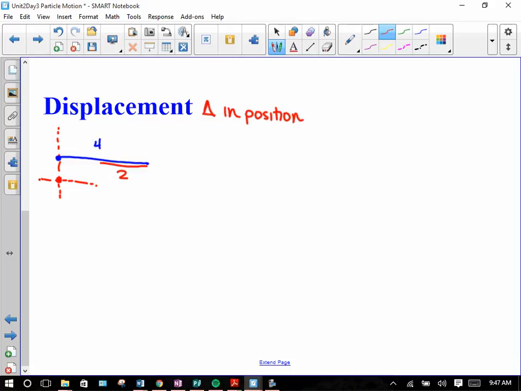Now, the change in position, or displacement, can be figured out with an equation. The way you can find that is it's equal to s of b minus s of a. So you take your final position and subtract from that your initial position.